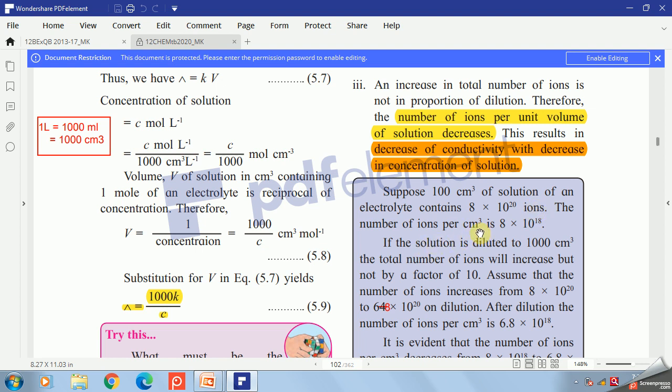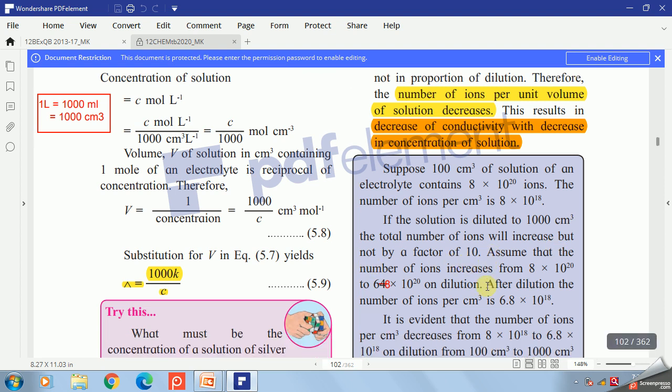The number of ions per centimeter cube is 8 into 10 raised to 18, because 100 centimeter cube contains 8 into 10 raised to 20; for 1 centimeter cube, divide this by 100, 8 into 10 raised to 18. If the solution is diluted to 1000 centimeter cube, meaning 10 times, the total number of ions will increase, but not by a factor of 10.